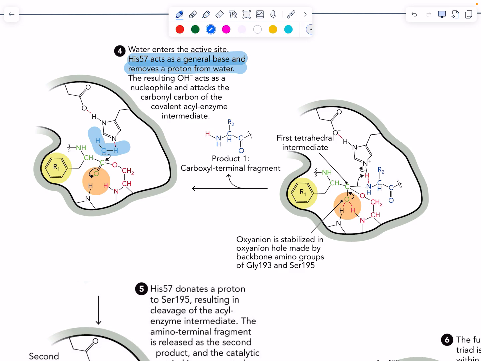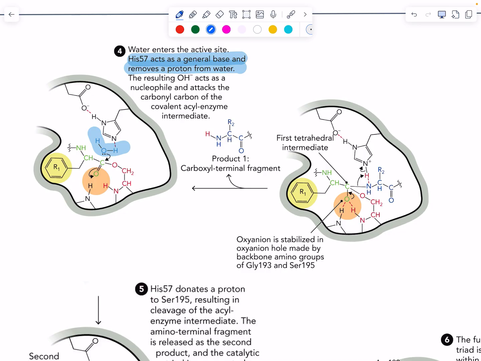So now instead of the serine acting as a nucleophile, this time the water molecule is going to be the nucleophile that attacks a carbonyl.